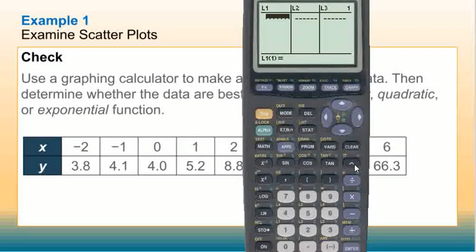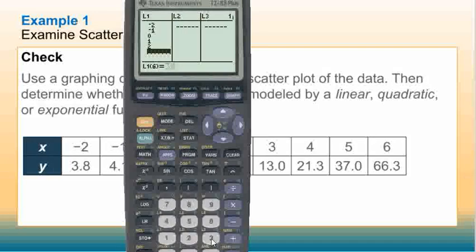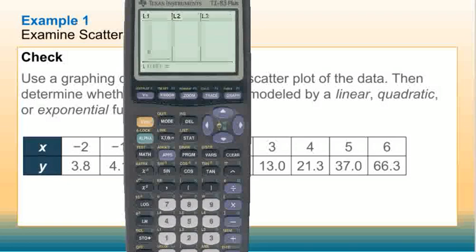So we have -2, -1, 0, 1, 2, 3, 4, 5, and 6.